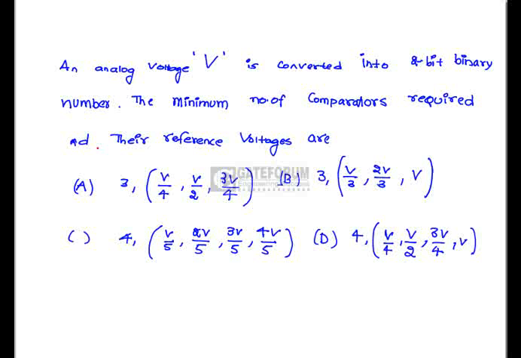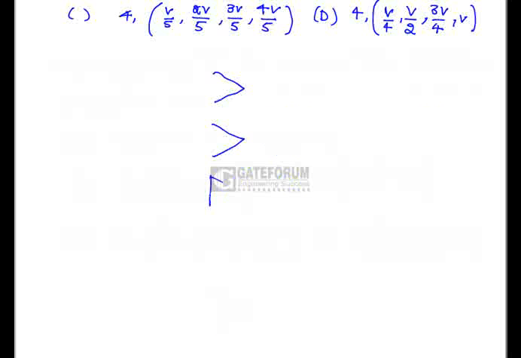See, if we want to convert any analog voltage into 2-bit binary numbers, we have to represent the analog voltage with 4 levels, because each level can be represented with a 2-bit binary number. Assume these are comparators, we are using op-amps as comparators here.